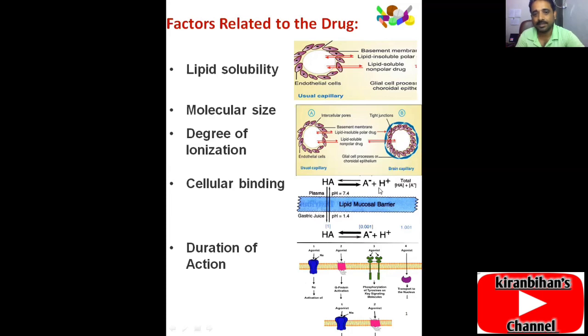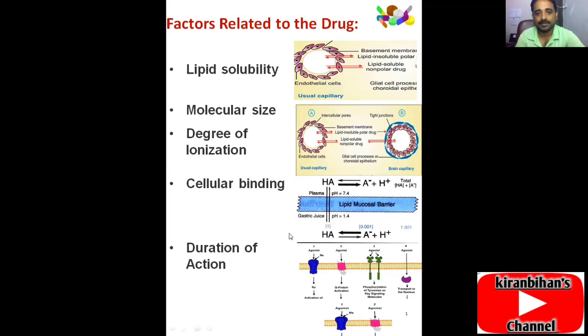It gets dissociated, and that dissociated form of the drug is very difficult to cross this lipid mucosal barrier. While at pH 1.4, because the acidic drug does not dissociate in an acidic environment, it can easily and reversibly cross from plasma to the gastric juice and the mucosal membranes.